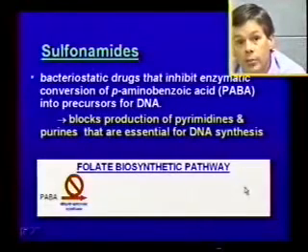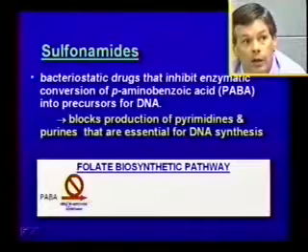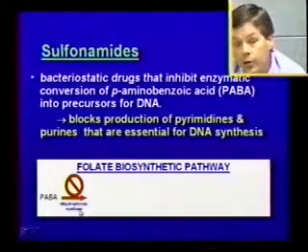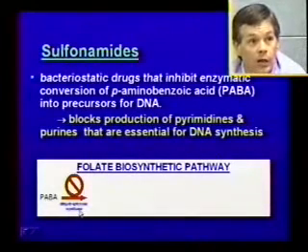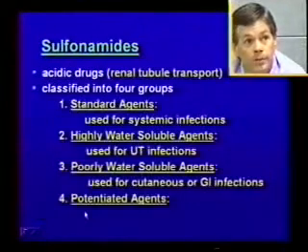Now, sometimes organisms are able to circumvent this pathway by resistance, developing different forms of this enzyme that the sulfonamides are not effective against, and that can lead to resistance to this group of drugs.